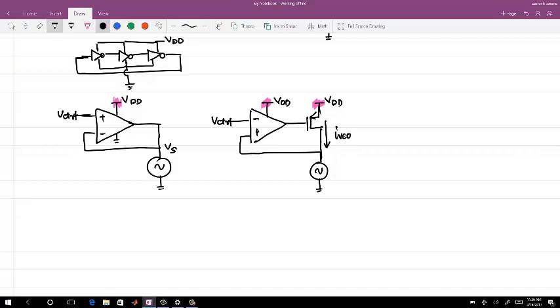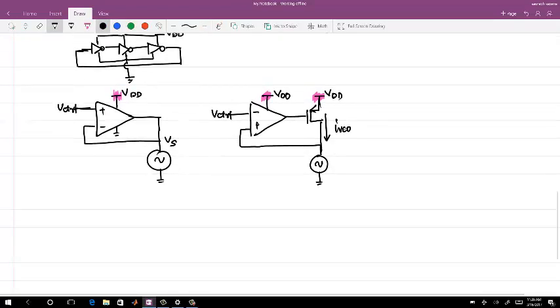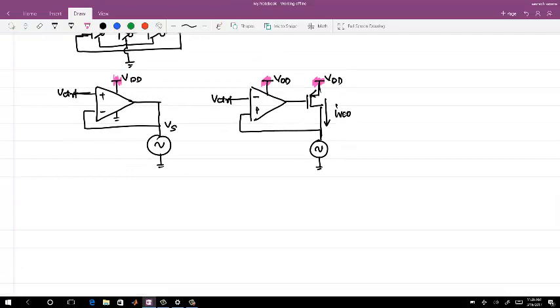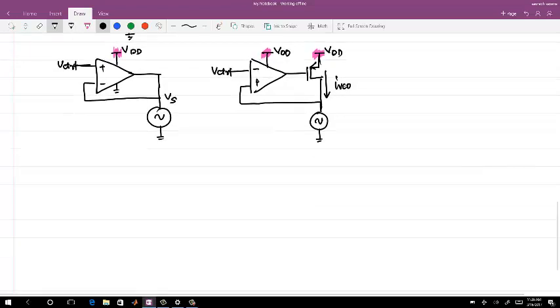Now the question is, we know that there can be different kinds of amplifier and different kinds of current source. So let's break this into two parts: this is the amplifier part, and this part is the output stage.